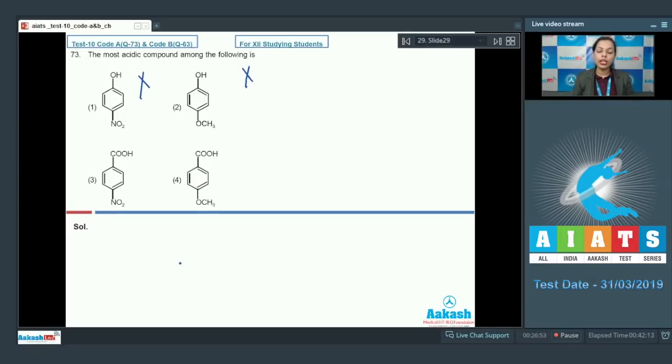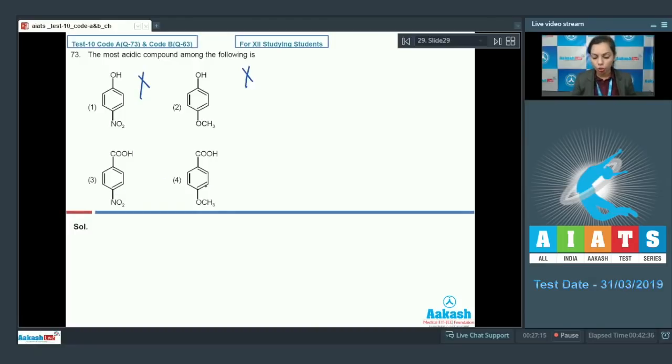Presence of some electron withdrawing group at the para position always increases the acidity. It means ease to lose proton. So in this case, when this carboxylic acid group releases its proton, that carboxylate ion is stabilized by the presence of the nitro group at the para position. And that is why in this case it has the maximum acidic nature.